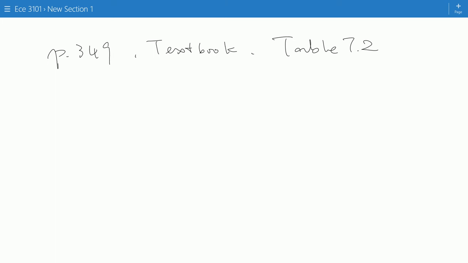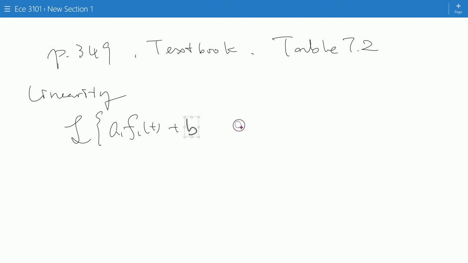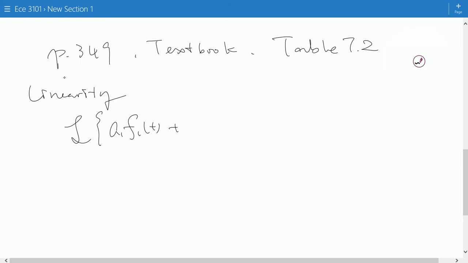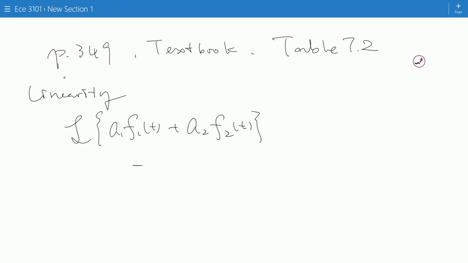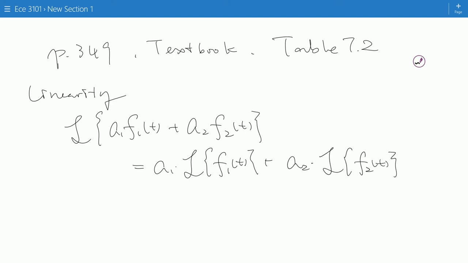For instance, linearity, which we have already seen: the Laplace transform of a1 f1 plus a2 f2 of t should be equal to a1 times the Laplace transform of f1 plus a2 times the Laplace transform of f2. Pretty simple.